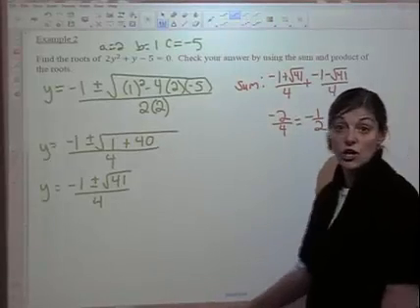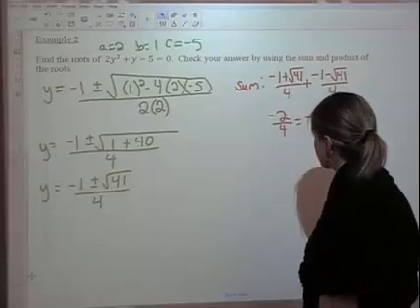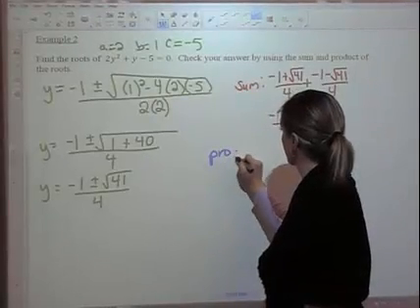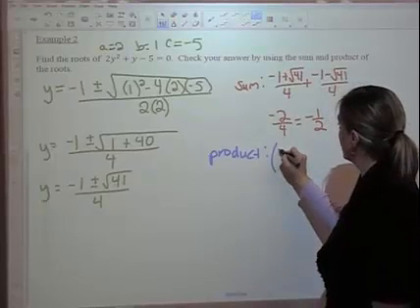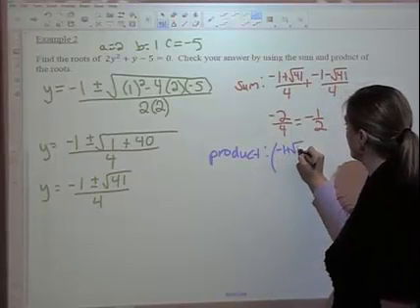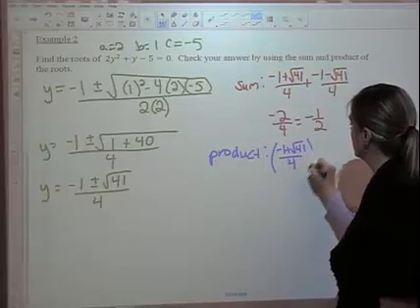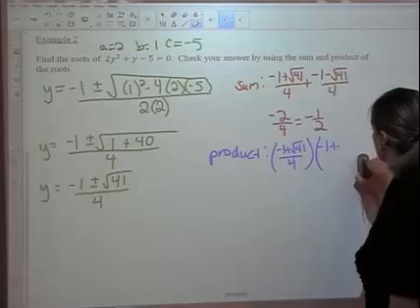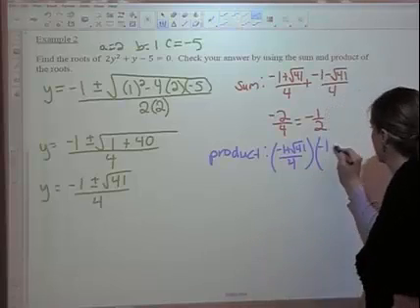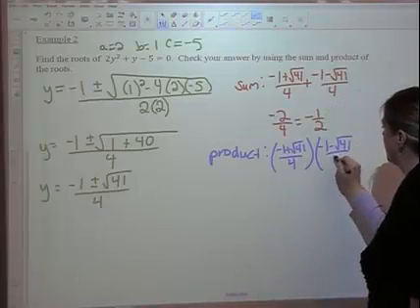Okay, now let's take a look at the product. So we're going to take the negative 1 plus square root of 41 all over 4 and multiply by negative 1 minus square root of 41 all over 4.